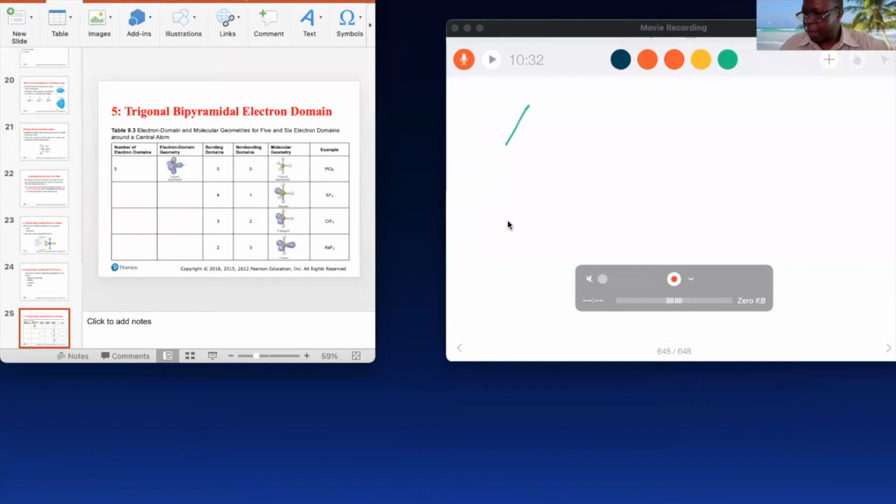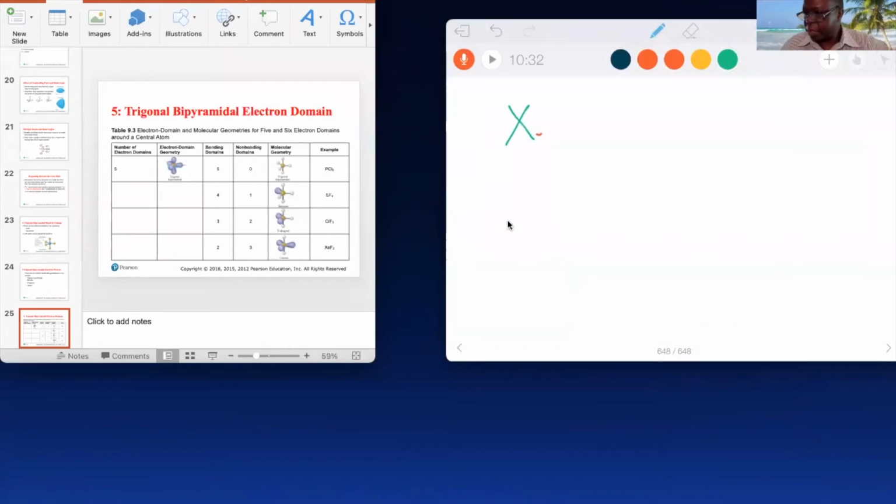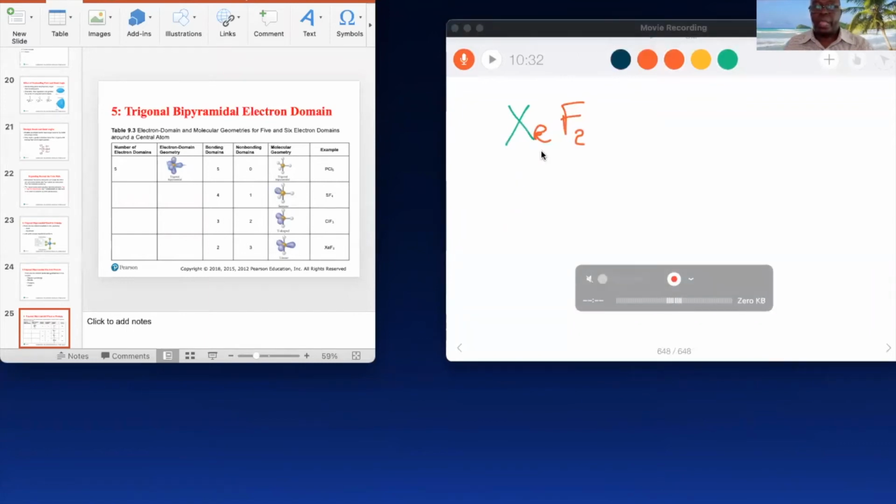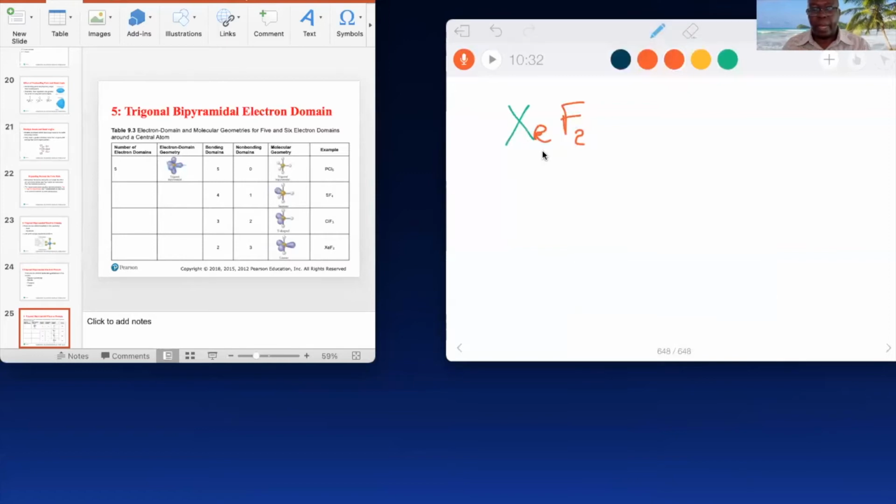If I have xenon difluoride, you may think that this is linear because we had previously an example of a linear with 2 atoms hooked up to the central atom, but you have to draw the Lewis structure and follow the guideline. That is when you will see the lone pairs of electrons.